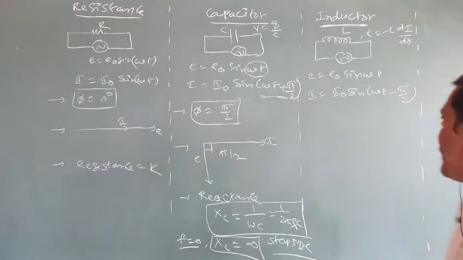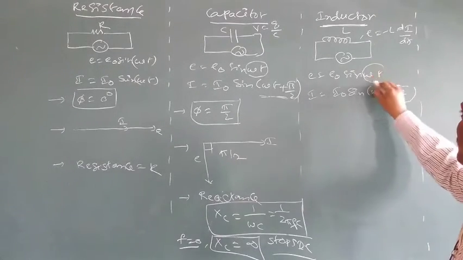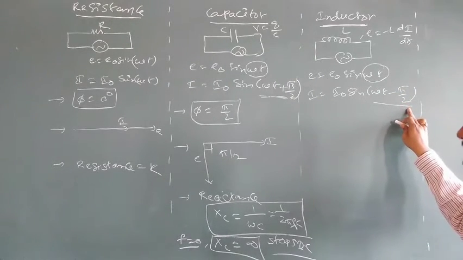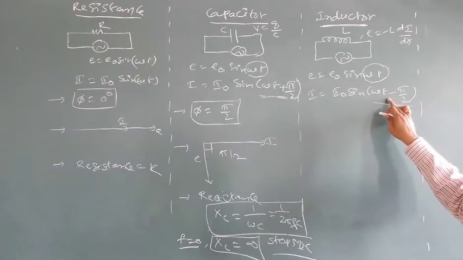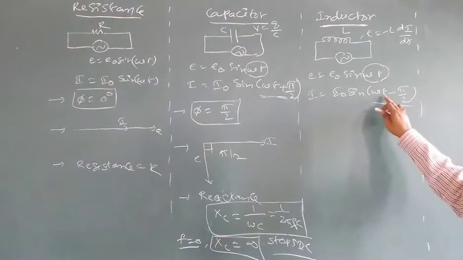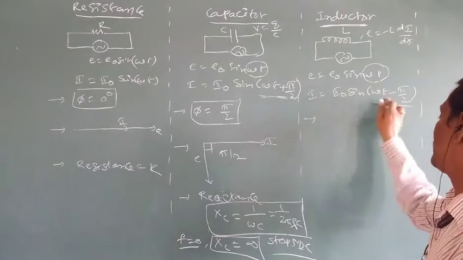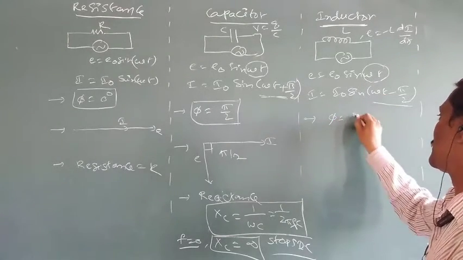So in a pure inductor, the phase of EMF is omega t and the phase of current is omega t minus pi by 2. Compared to the phase of current, the phase of EMF is more. Compared to omega t minus pi by 2, omega t is more. So in a pure inductor, the phase difference between current and EMF is pi by 2.